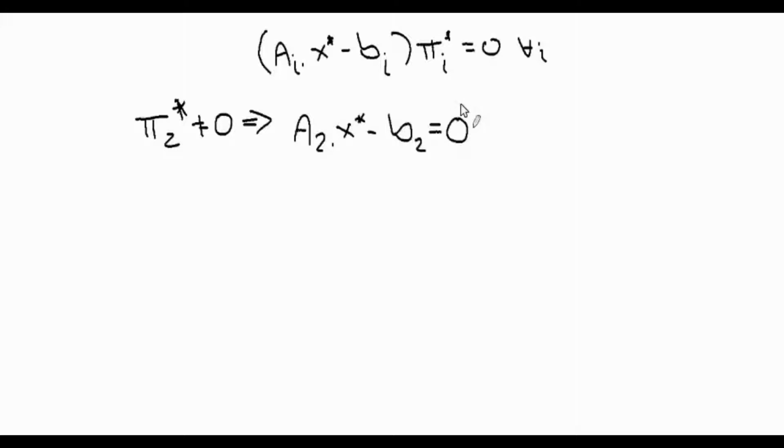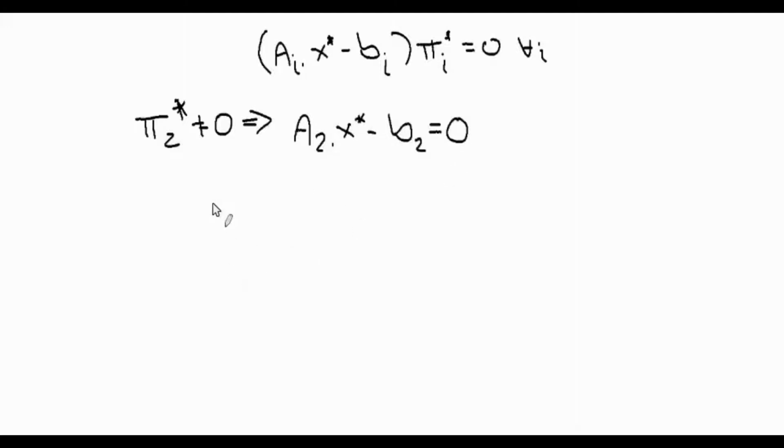And the reason for that is, for this equality to be true, either pi star sub i has to be equal to 0, or the quantity in these parentheses has to be 0, or both. One, the other, or both. And since pi star i is not equal to 0, what's in the parentheses has to be equal to 0. And that's just what we've written down here.